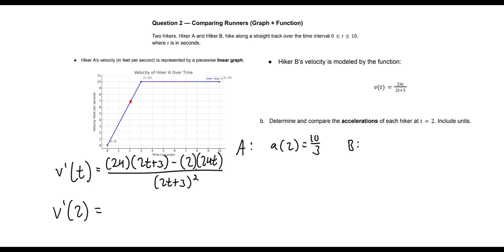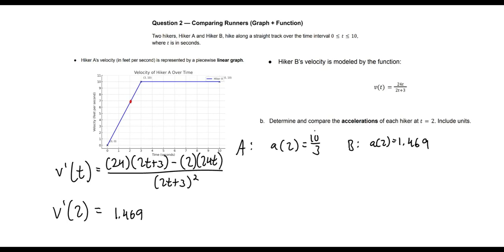You can actually have your calculator do all of this work for you at once, because you can just give it the function and tell it to find the derivative at the point, and it'll give you the answer right away. If you're going to do it this way, you have to replace t everywhere and plug in 2 and then have the calculator do it. But what we get is 1.469. So that's the acceleration at time t equals 2 for hiker B.